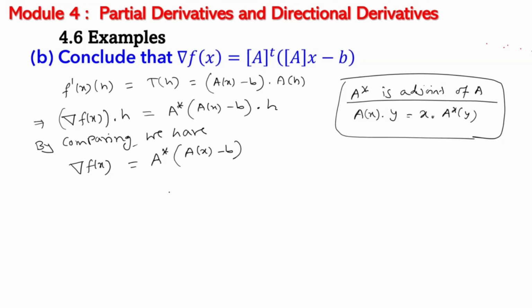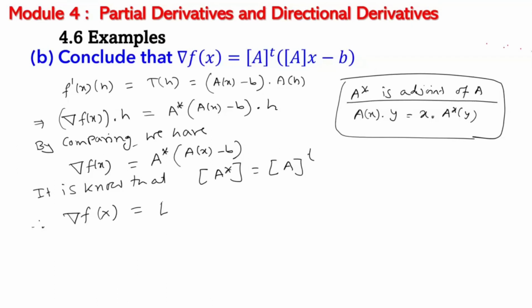Now it is known that the matrix of A star is equal to A transpose. Therefore, in terms of the matrix, gradient of f of x is equal to A transpose times matrix A x minus B.